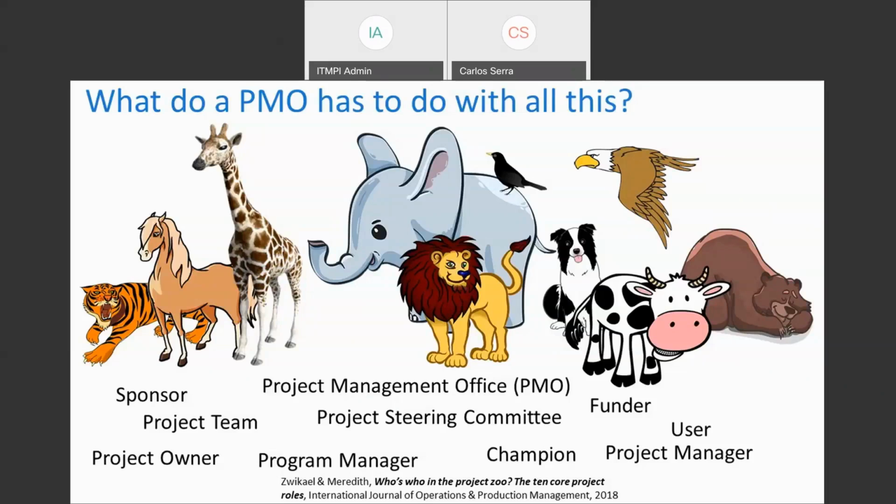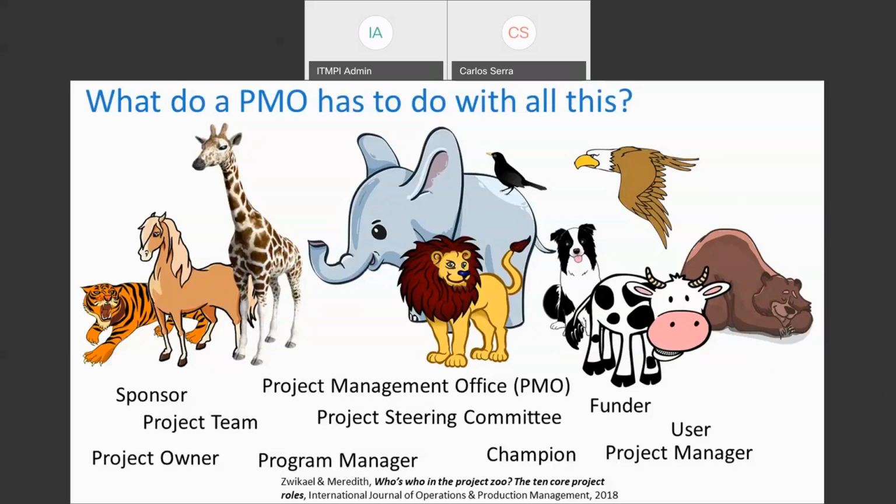This same article identifies 10 key roles, which include sponsor, project manager, program manager, project owner, user, champion, funder, project steering committee, project team, and project management office, or PMO.